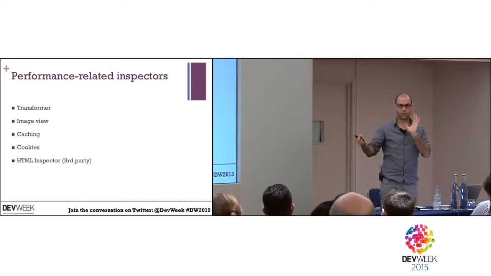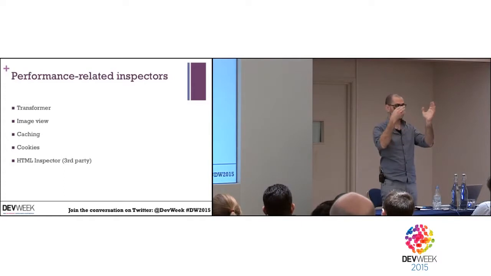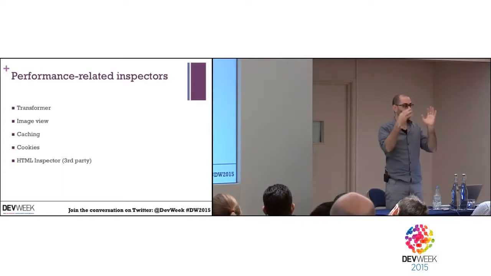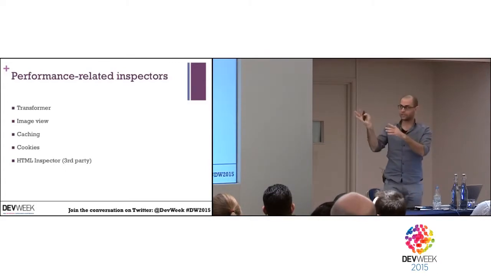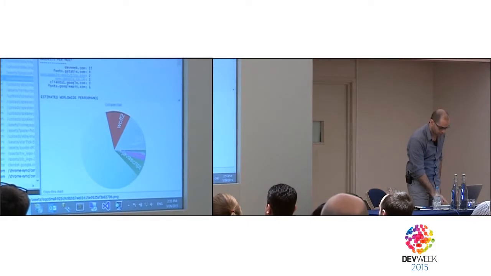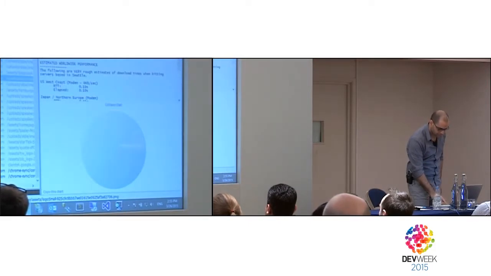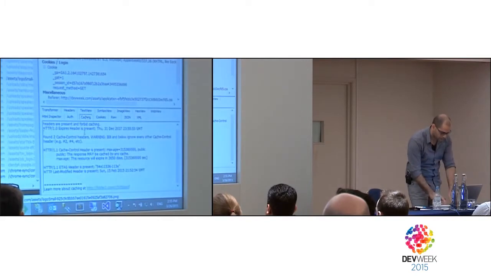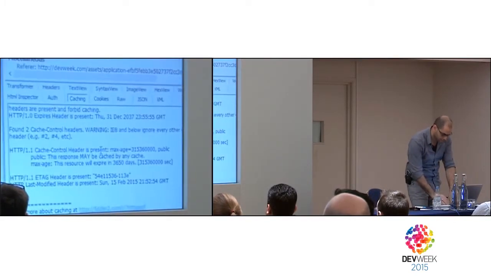There are plenty of caching headers: there's a date, and there's max age, and expires, and e-tags, and all sorts of caching headers. This tab will try to make sense out of all of that information. So if we go to inspectors, to the caching headers, I specifically selected an image because it's supposed to be cached from what I saw.